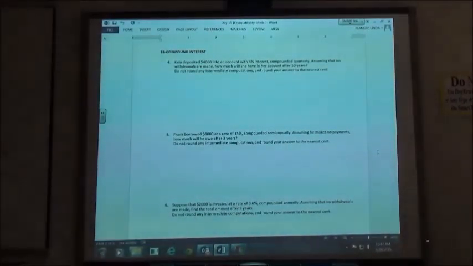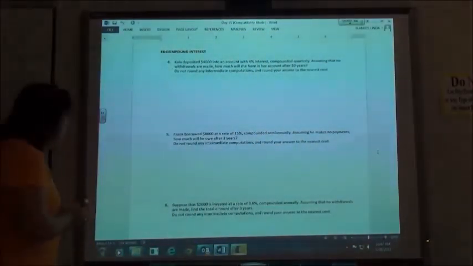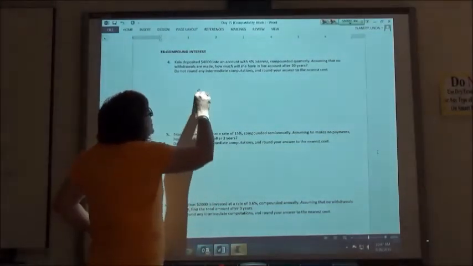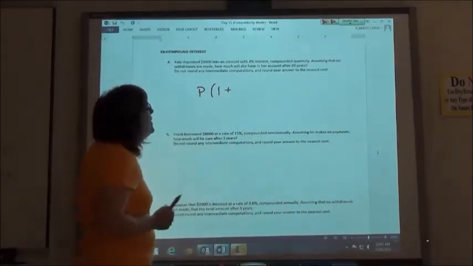On 4, 5, and 6, we're now going to do compound interest, and there is a formula for compound interest. It will look sort of like what we've been doing. But what they're going to tell you to do to find compound interest is take the principal, or the amount you started with, 1 plus, and here's where it's a little bit different.